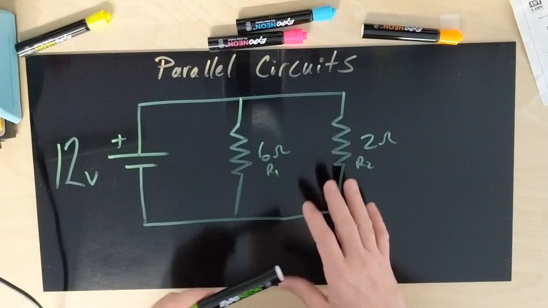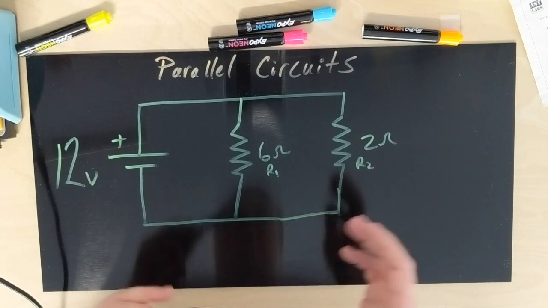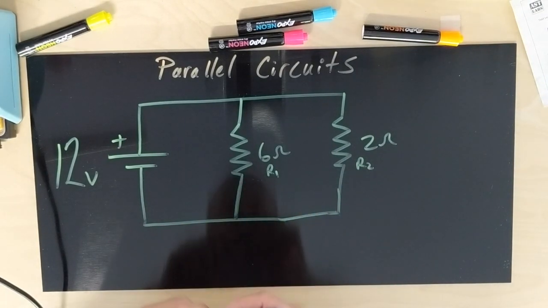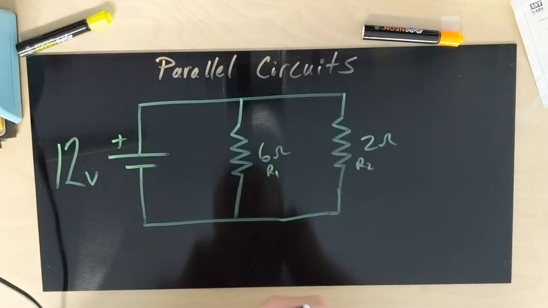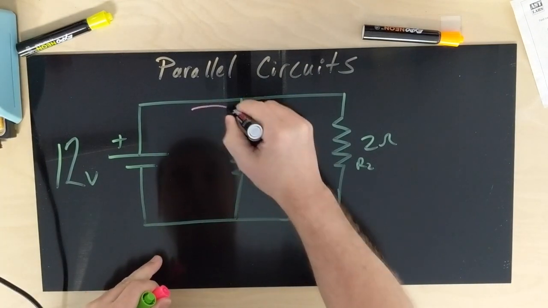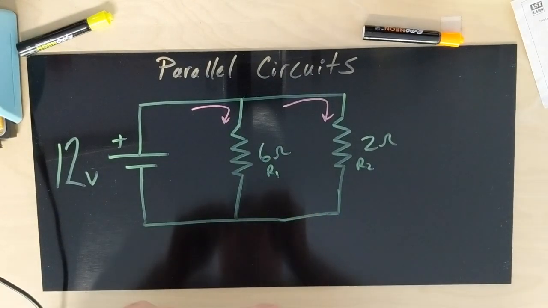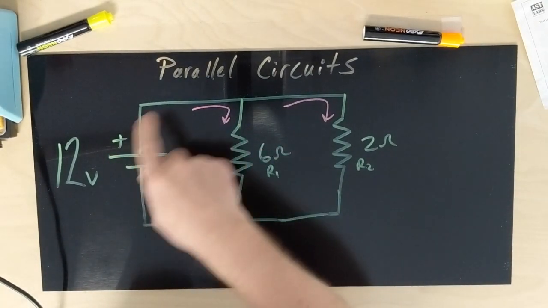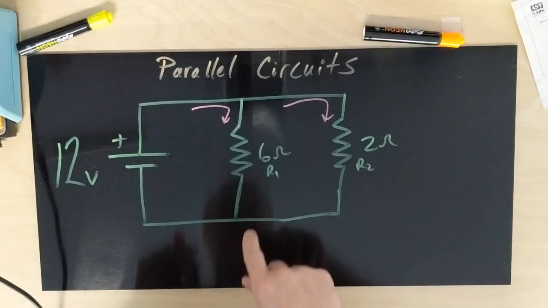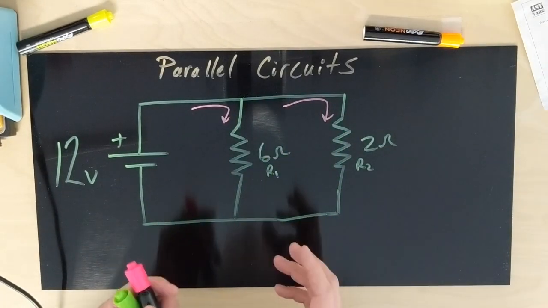The reason parallel circuits are just a little bit more difficult is you can't just add them up, because if we take a look here at our current paths, just like if we had two hoses flowing from a water source like our spigot, we actually have more than one path for current.